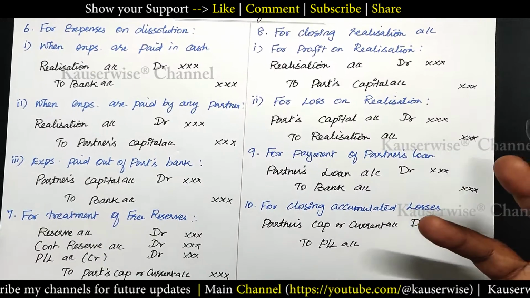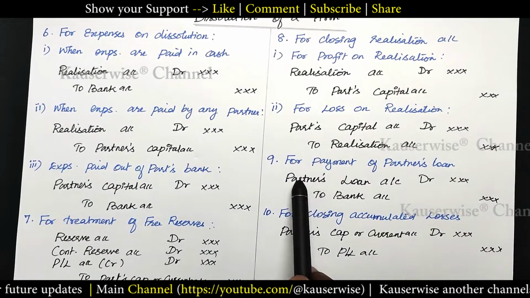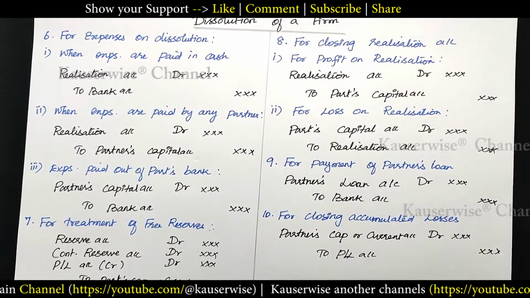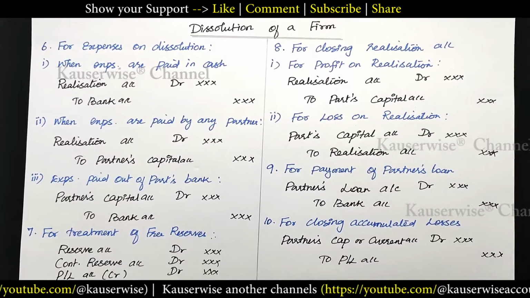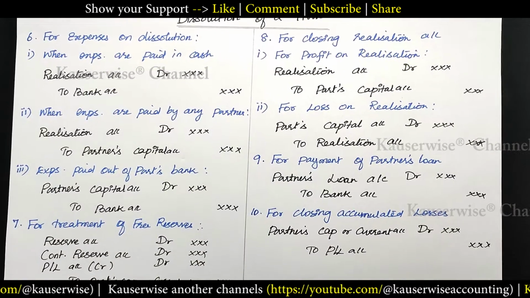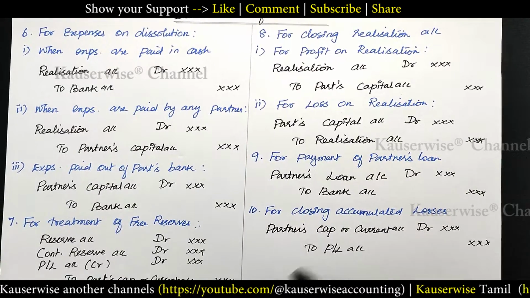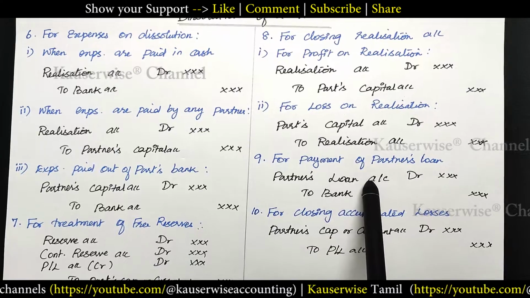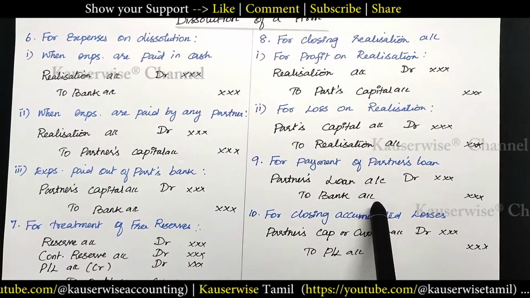If you have a sufficient amount, then you can discharge this liability also, that is partner's loan account debit to bank account. Only outside liabilities will be transferred to the realization account and paid first to third party liabilities. If we have sufficient bank balance, then after clearing all the third party liabilities, we can clear the partners loan account. This will be the entry: partners loan account debit to bank.